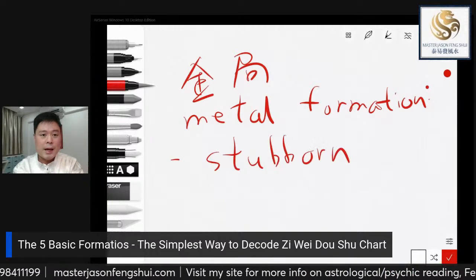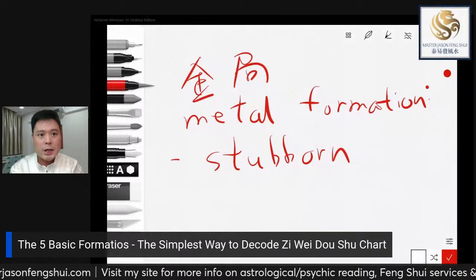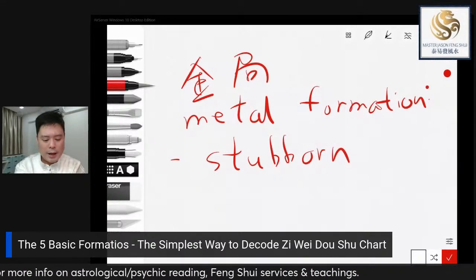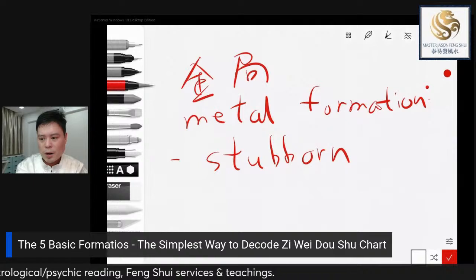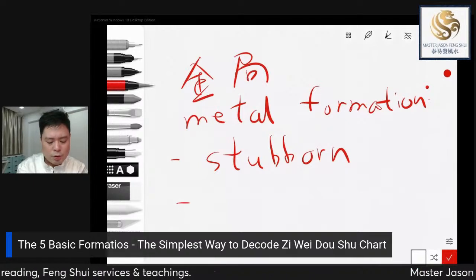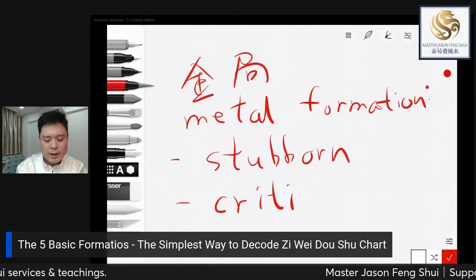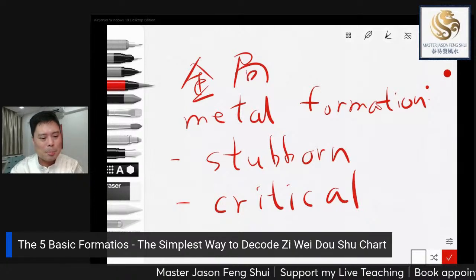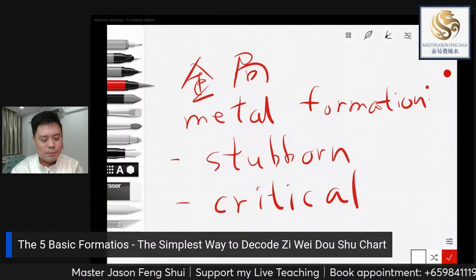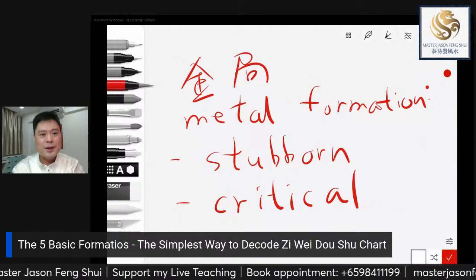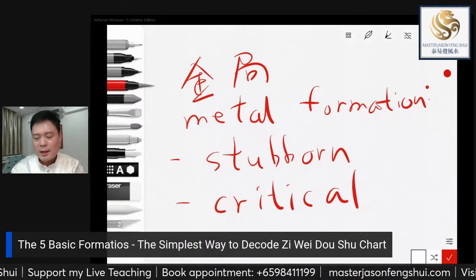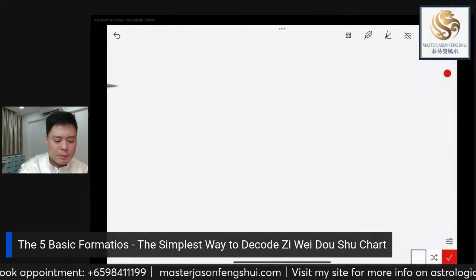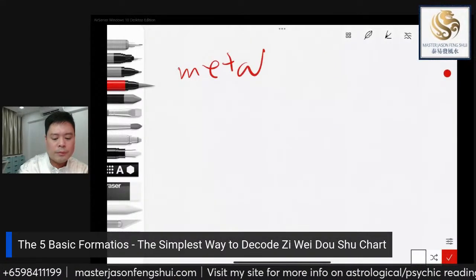Whatever they have decided to do, you will not be able to change their decision. They are very stubborn, and they can also be critical. They like to judge other people and pass comments on the things that occur in their life. They are very opinionated, people of the metal formation.